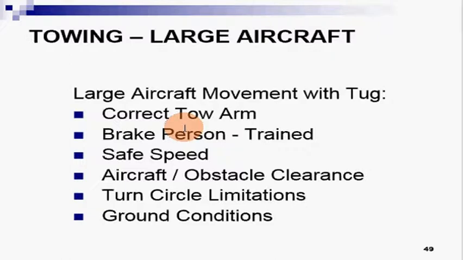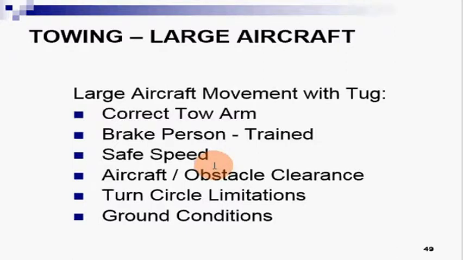They should know that the correct tow arm is to be used for towing large aircraft. The brake person should be trained to manage the brake well and know every aspect of it.